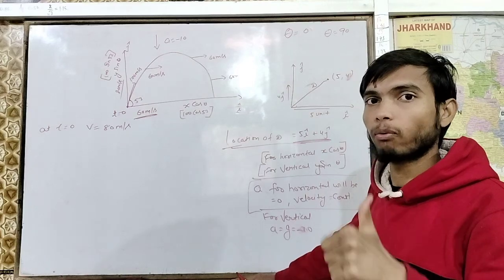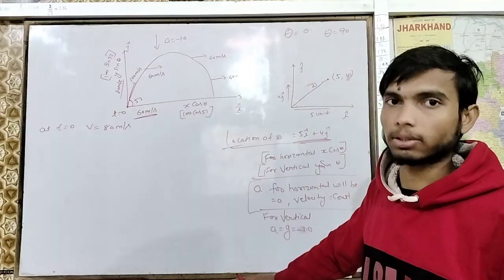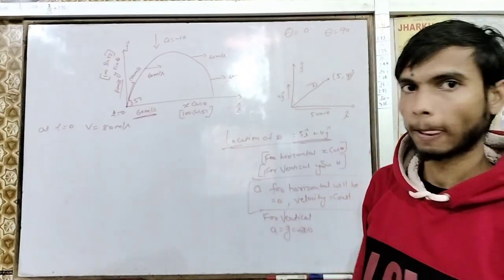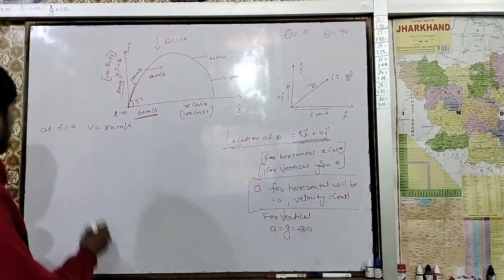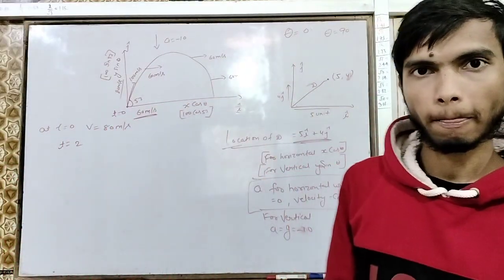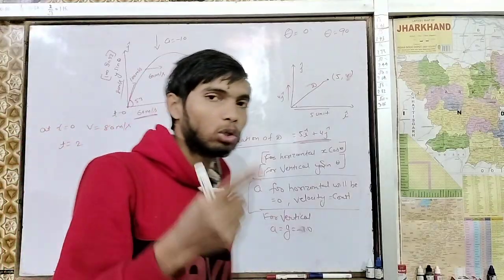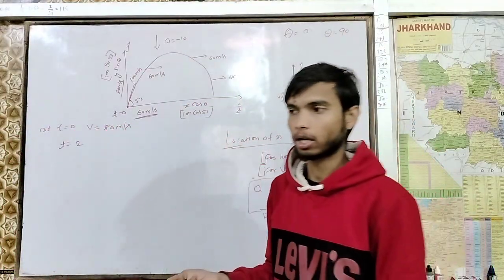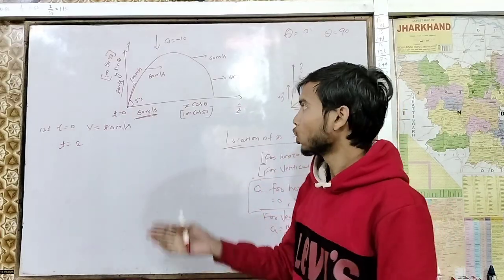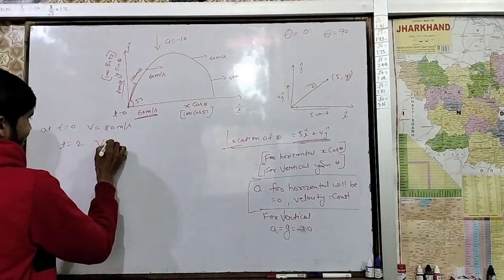But when it comes to vertical, velocity will decrease as the particle goes upward. So at t equal to 2 seconds, acceleration is 10, so 10 into 2 is 20. So 80 minus 20, velocity will become 60.